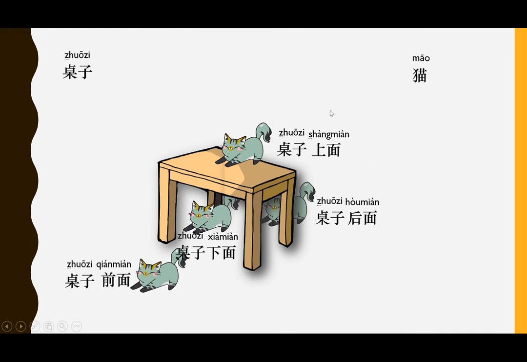桌子上面, 桌子后面, 桌子下面, 桌子前面. Okay, now you can stop the video and read it by yourself. And we can also replace the 桌子 with 椅子.